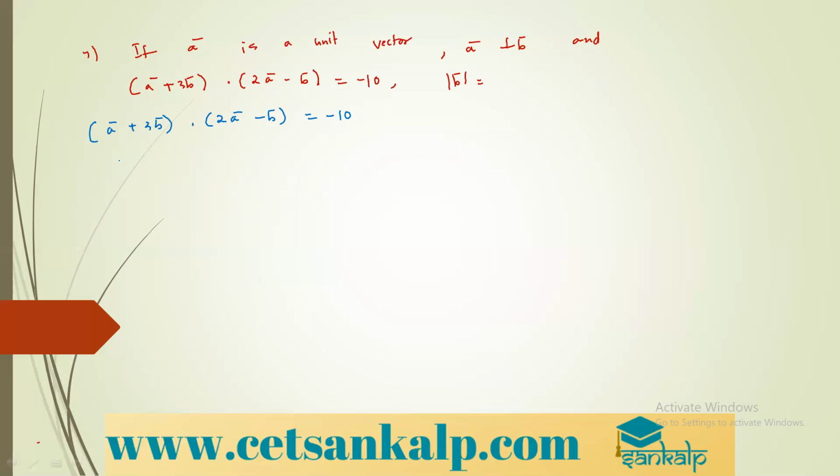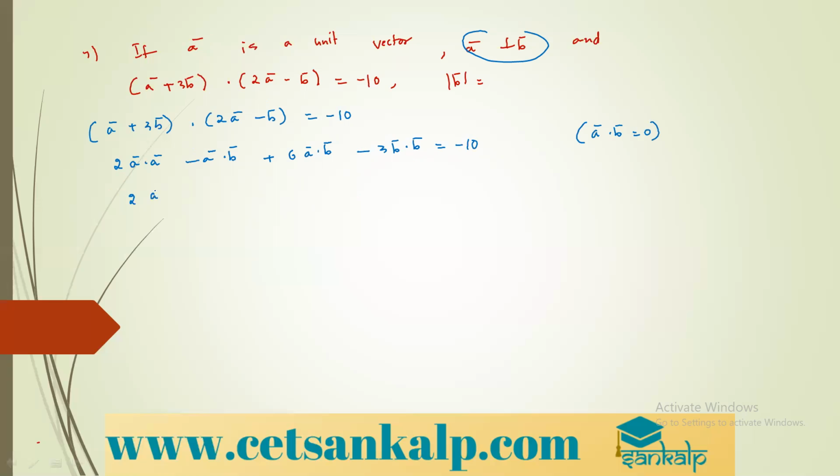So expand it: 2 into A·A minus A·B plus 6 into A·B minus 3 into B·B equal to −10. Now, always remember that as A is perpendicular to B, you can say A·B will be 0.